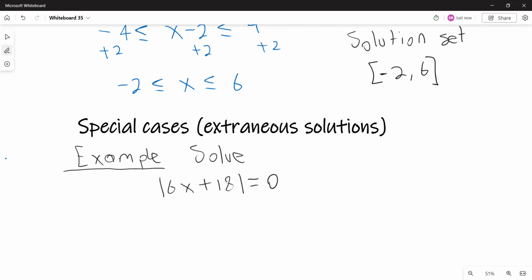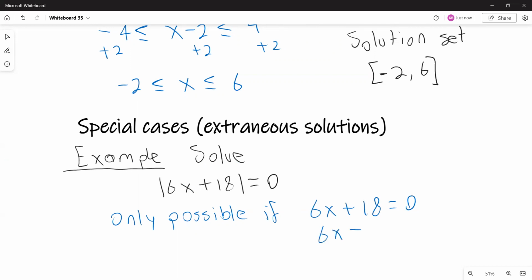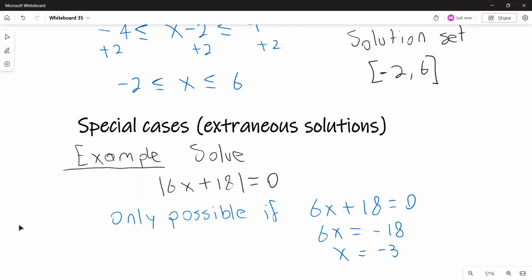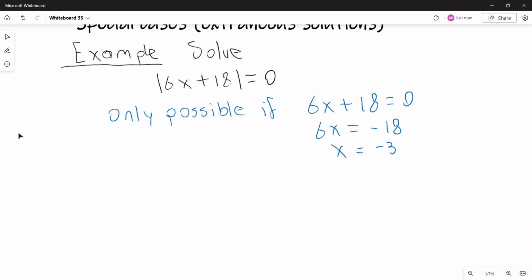The opposite of 0 is 0, so this is only possible if 6x plus 18 equals 0. Once you solve this, you know how this goes: 6x is negative 18, and x is negative 3. So the solution set is negative 3. That absolute value equation only has one solution.